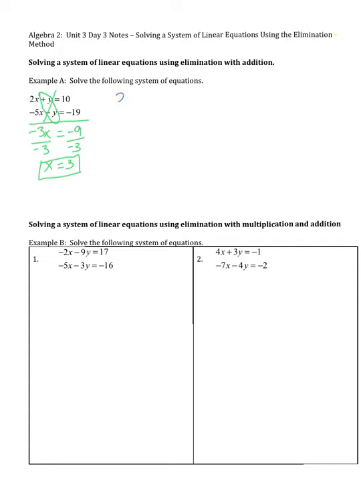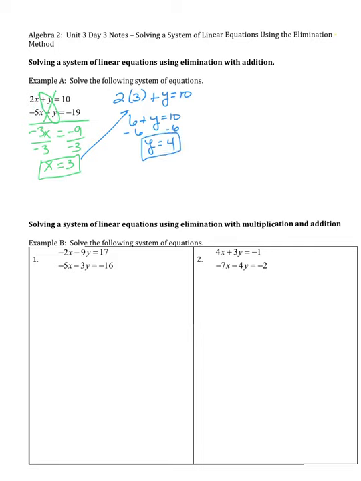So I'm going to say 2 times 3, because that's my x, plus y equals 10. 2 times 3 is 6. 6 plus y equals 10. Subtract 6 from both sides, y equals 4.